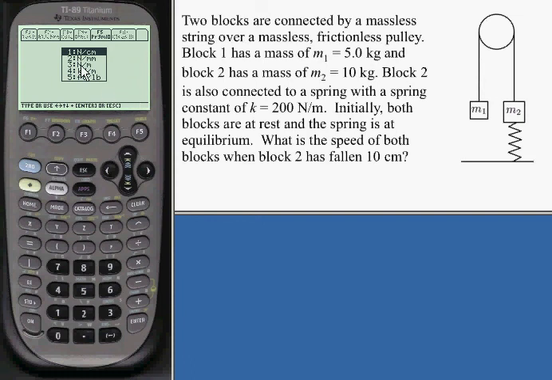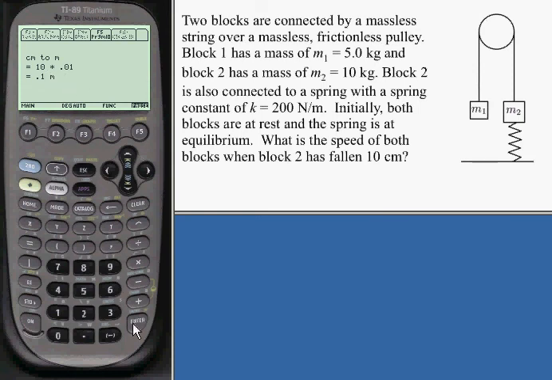Okay, so we're going to choose number 3, newton meters. And the initial height, we're going to choose alpha 10, and we choose centimeters, because that's what they give you here, centimeters. Need to convert that, so we're going to multiply it by 10.